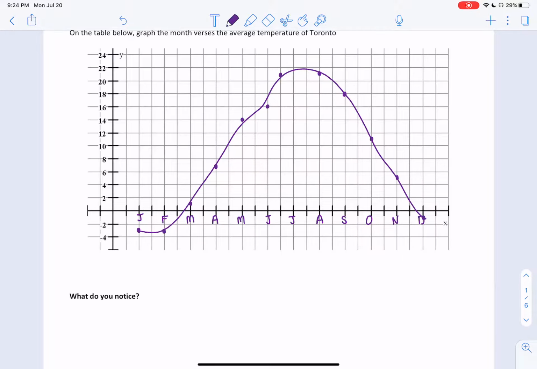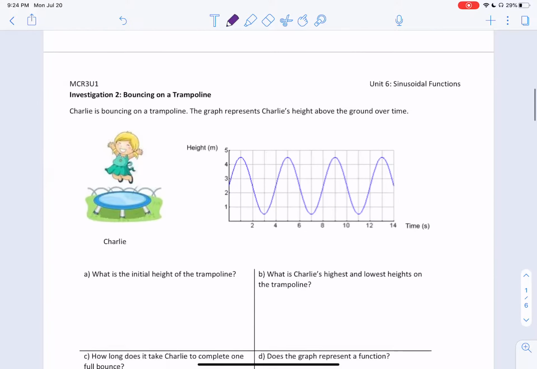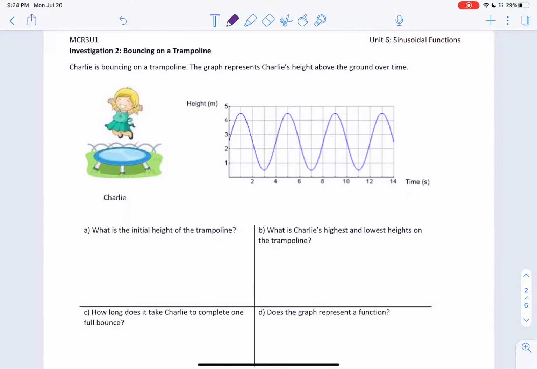Let's look at another quick example. Charlie is bouncing on a trampoline, and the graph represents Charlie's height above the ground over time. Just to go over this graph with you, Charlie starts right here, jumps up, then jumps down, and the trampoline lowers, then jumps up again, then jumps down again, and so on and so forth.